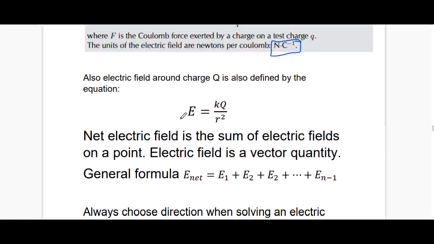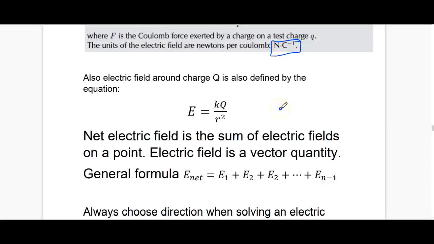Now this one is used to calculate the electric field that you will feel when you're at a point, due to some charge Q. Okay, so now the net electric field can be calculated, but it is the sum of electric fields at a point. Okay, so electric field is a vector quantity, and this is the general formula.